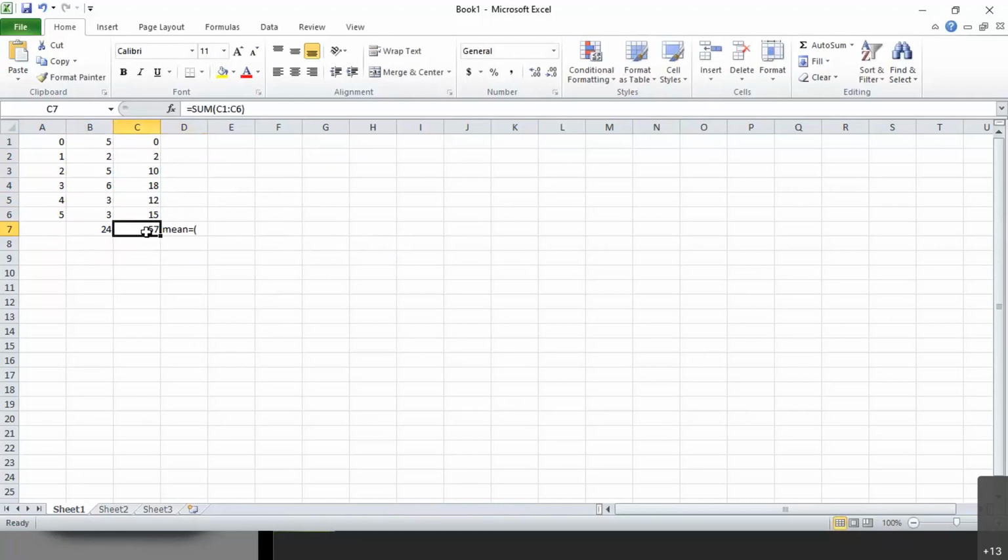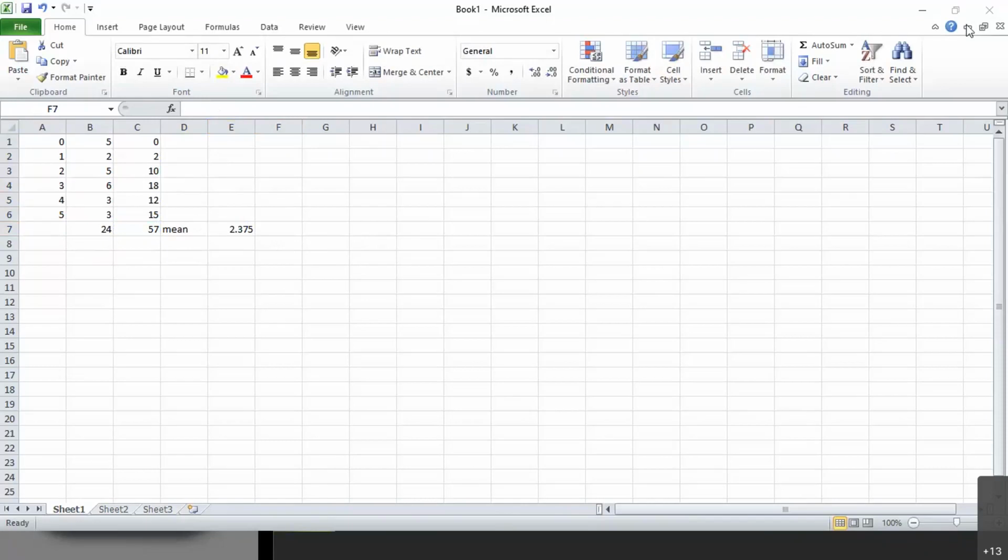Oh, mean, I'm doing it wrong here. Mean, tab over, equal this divided by that. And you see we got the same value. Same value in Excel.